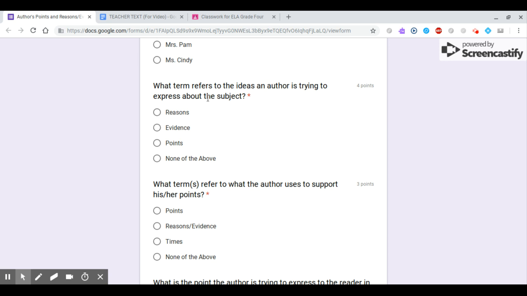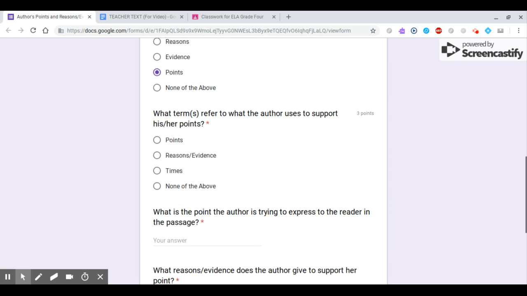If I look at my notes, which we taped in our journals today, or maybe a day or two before this, I'll see that I filled in the blank that said the author's points are ideas the author is trying to express about the subject. Word for word, I find that. So I know if I'm referring to the ideas an author's trying to express about the subject, what the author's trying to get across to us, I'm talking about the author's points.